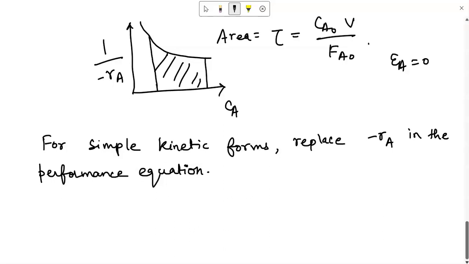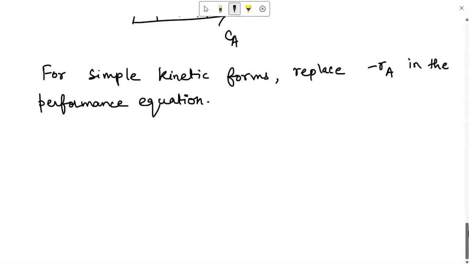So let's take this example, which I have taken from the Levenspiel book. There are other examples also, but this particular example is good for the subject I'm discussing right now, because it is a design problem.